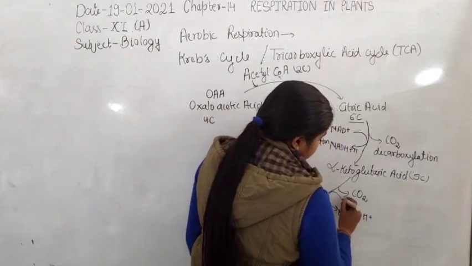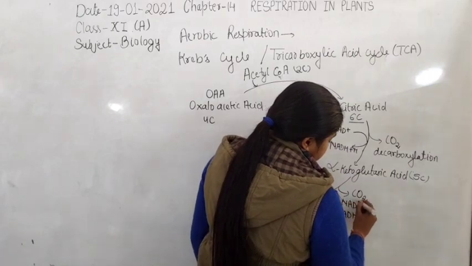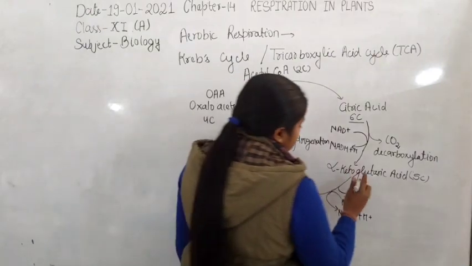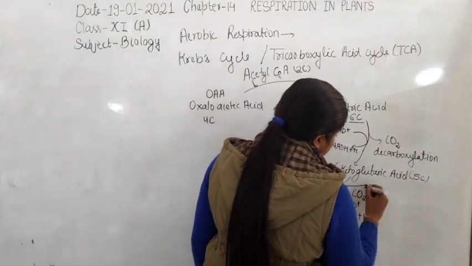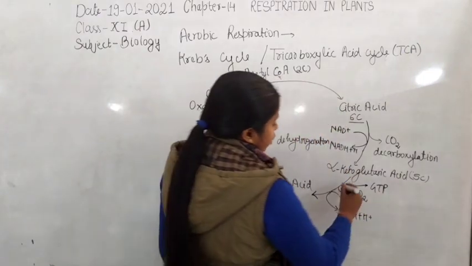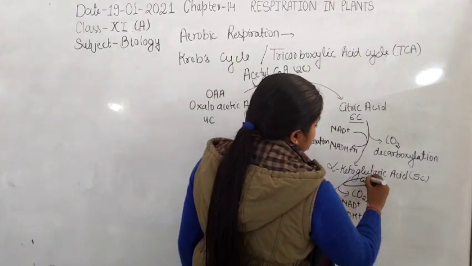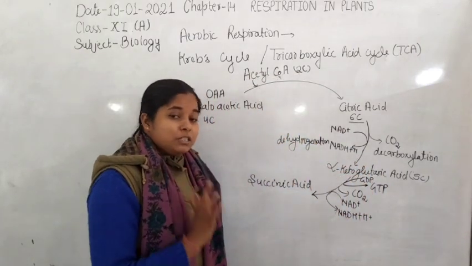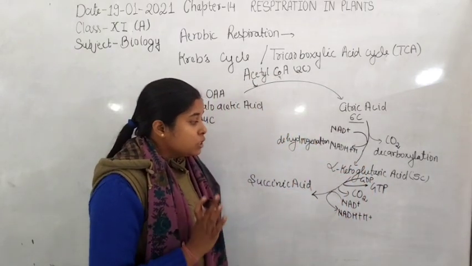H plus from the NAD plus molecule. Also there is occurrence of substrate level phosphorylation, that is, GTP is formed from GDP, guanosine diphosphate converted into guanosine triphosphate.